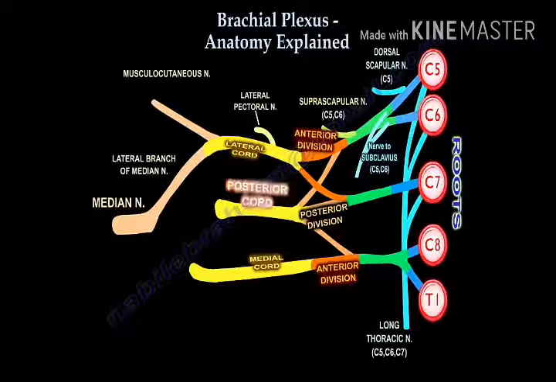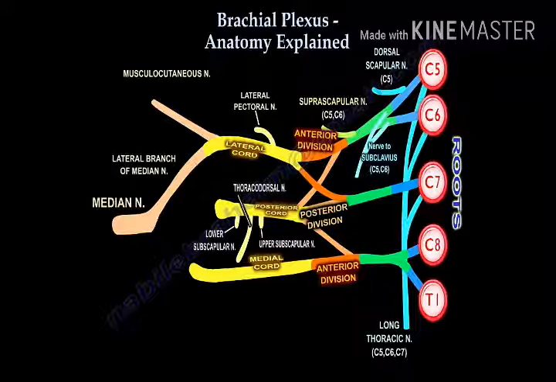The posterior chord gives branches, which are the upper subscapular, the thoracodorsal, and the lower subscapular, and ends by 2 branches, which are the axillary nerve and the radial nerve. So you have 5 branches from the posterior chord.